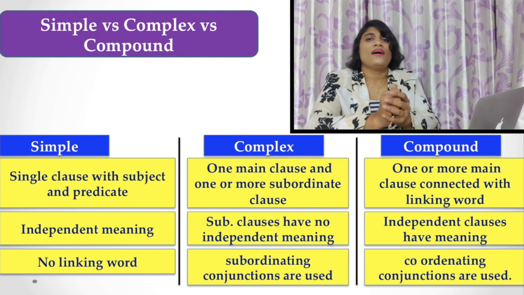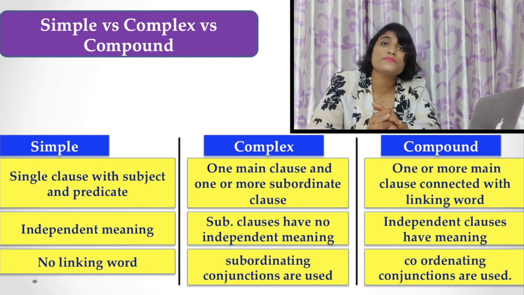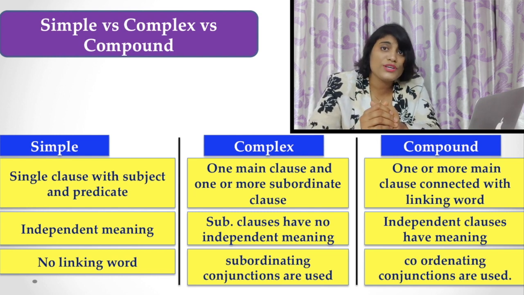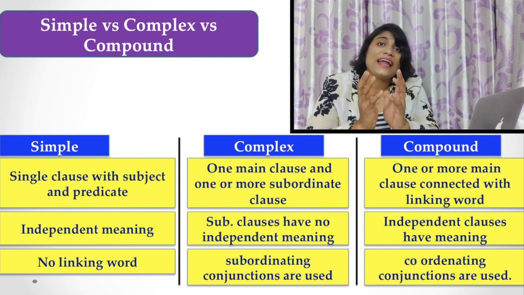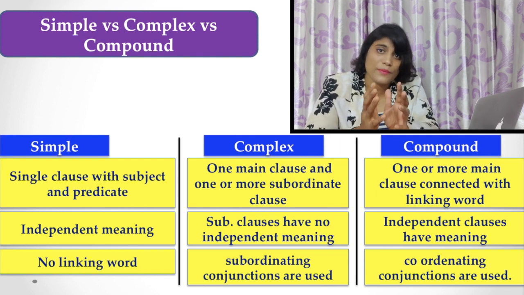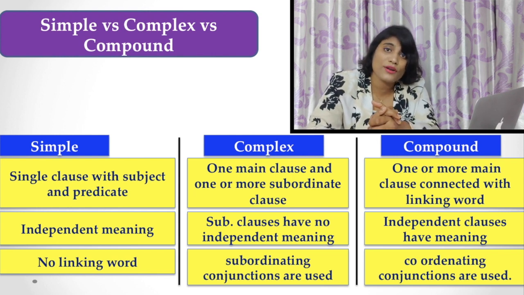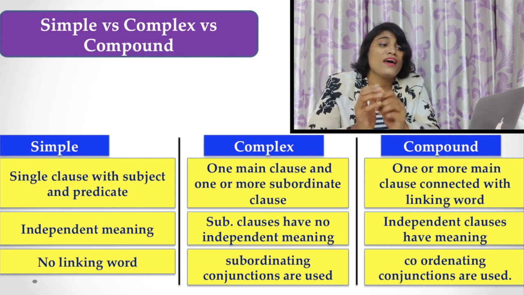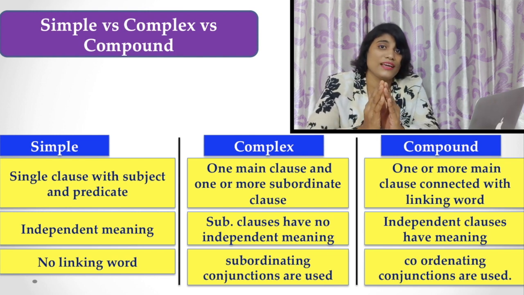Another difference is that in a simple sentence, as we have told you, the independent clause is used and has a meaning. But in a complex sentence, we always find one or more subordinate clauses. And in a compound sentence, we find independent clauses that have meaning but are joined with linking words.